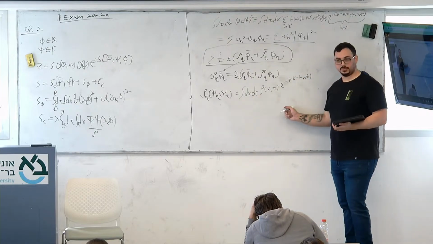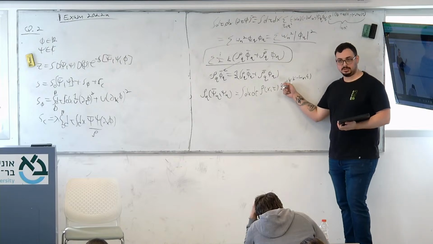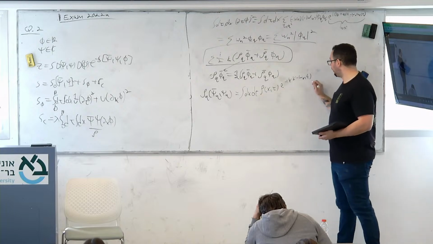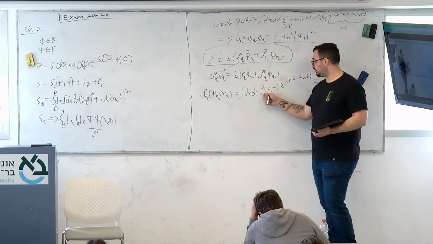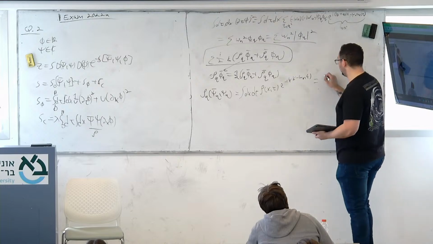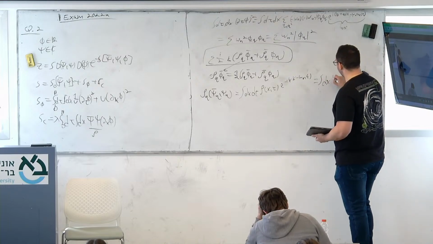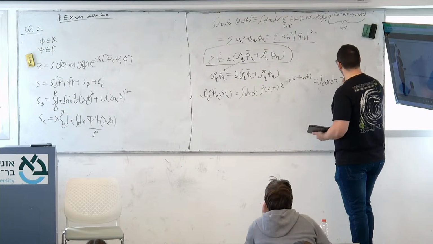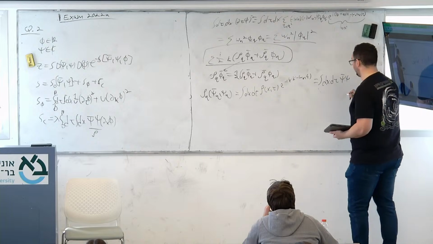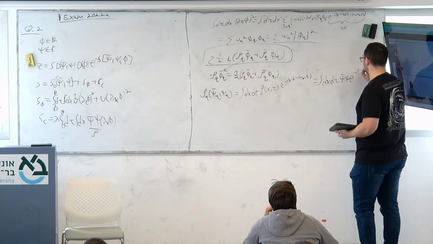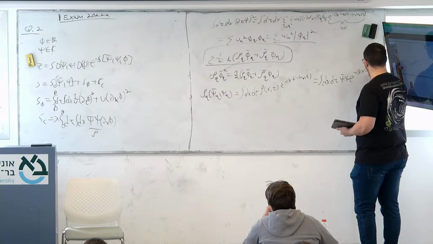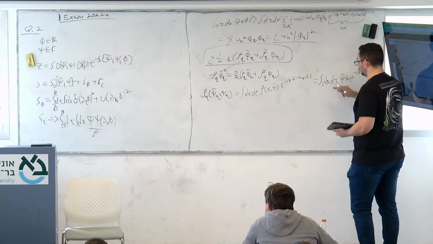This is just the reverse Fourier transform. Notice the minus here, since it's the other direction. And then I can insert rho, psi absolute value squared, dx d tau, psi conjugate psi e to the minus i k x minus omega n tau.